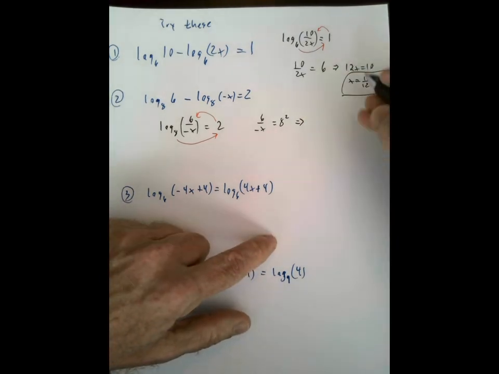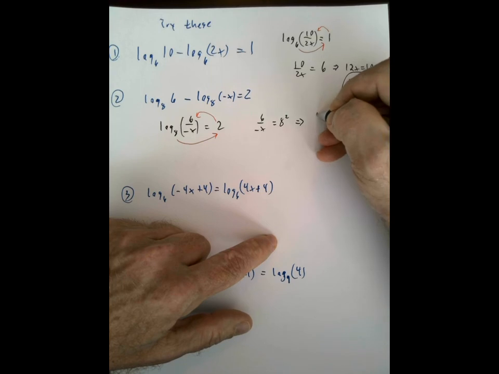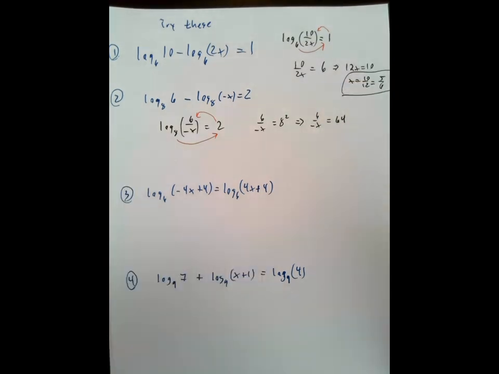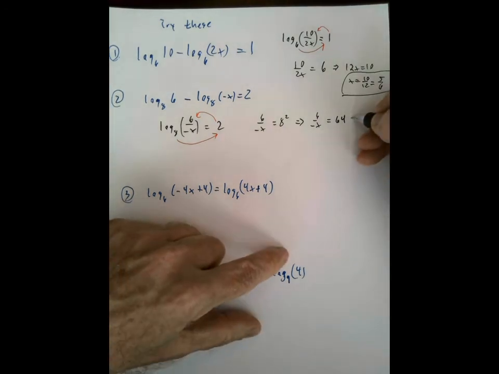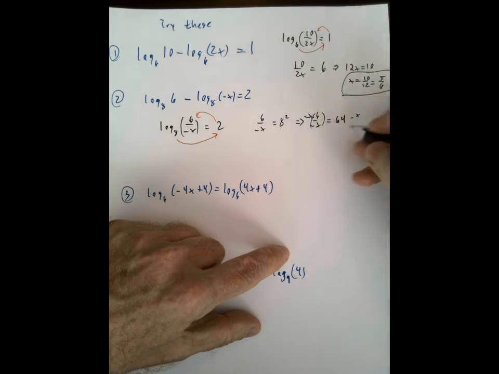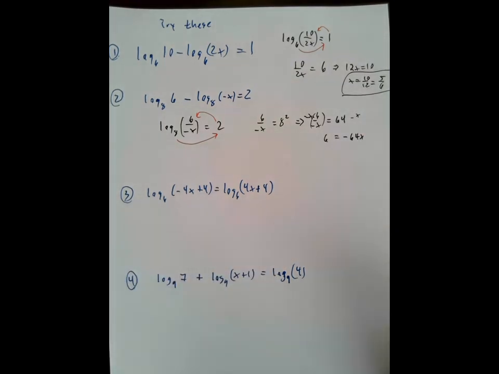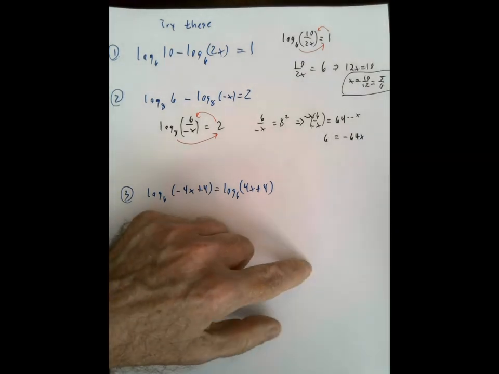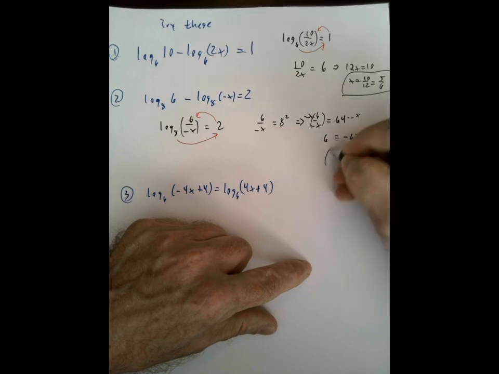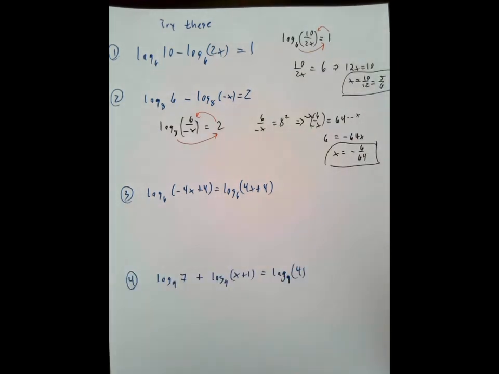So 6 over negative x is equal to 64. Multiply both sides by negative x to spring it out of the denominator, and that gives us 6 is equal to negative 64x. Divide both sides by negative 64. X is equal to negative 6 divided by 64. And that's our answer.